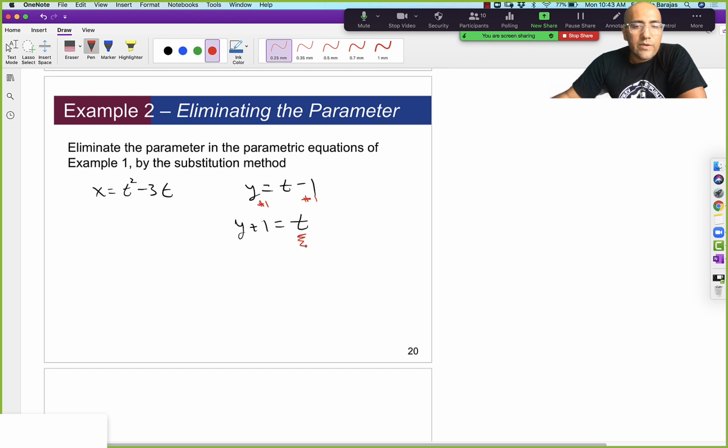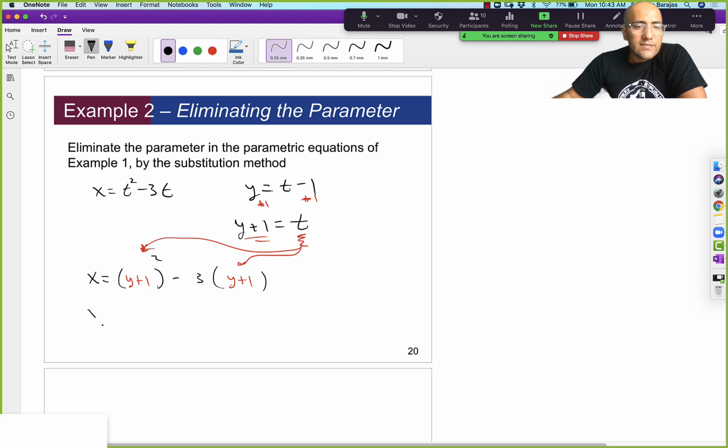And now we can take this t and plug it right into there. So x equals blank squared minus 3 times blank. We're going to take this t value and put it in both places. So now t becomes y plus 1, and here we get y plus 1. Good.